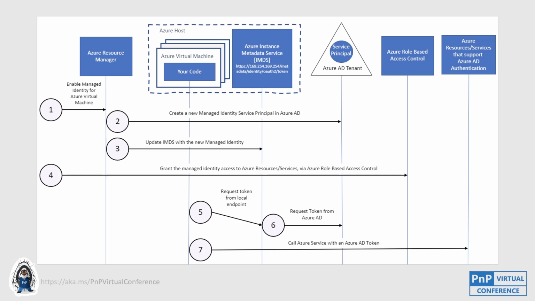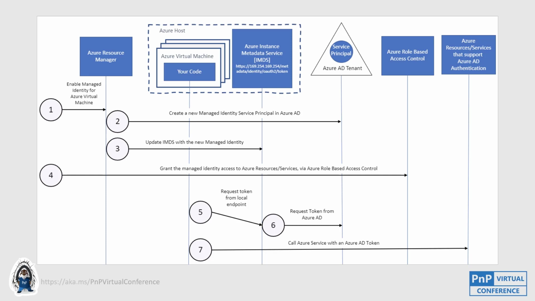First of all, there will be a request to the Azure Resource Manager to enable a managed identity on the Azure resource. We'll use the Azure VM in this example. What that does is create a new managed identity service principal in the Azure Active Directory of the tenant that Azure resource lives in.